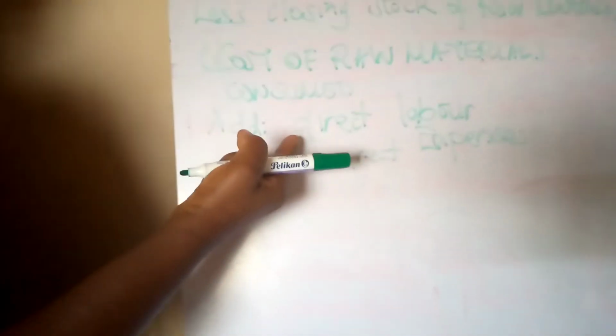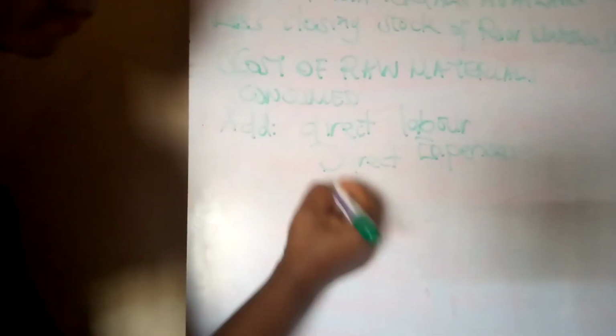Then we have to add all the direct expenses. A total of the materials consumed plus the direct labor and the direct expenses gives us the next component, number 2, in the production cost, which is known as the prime cost.